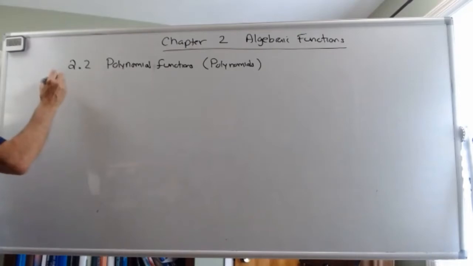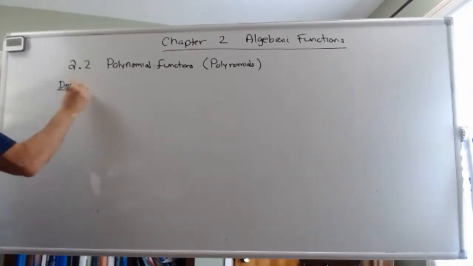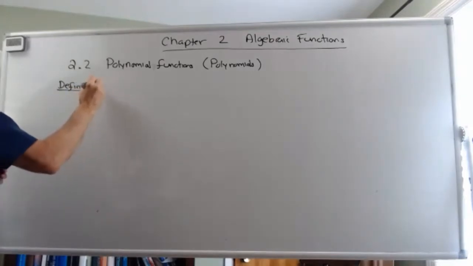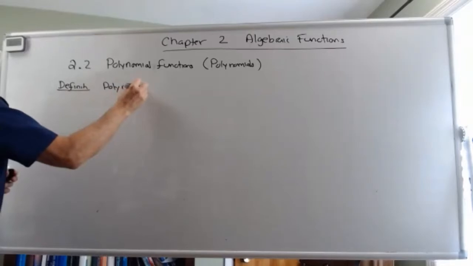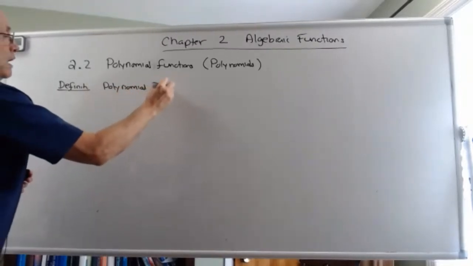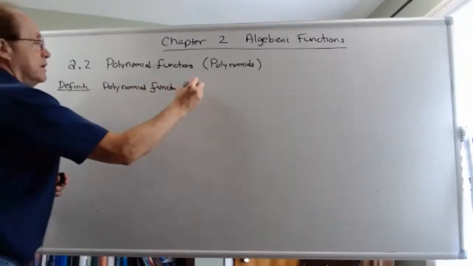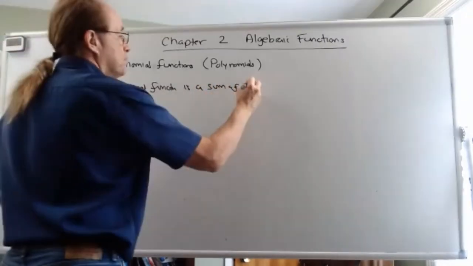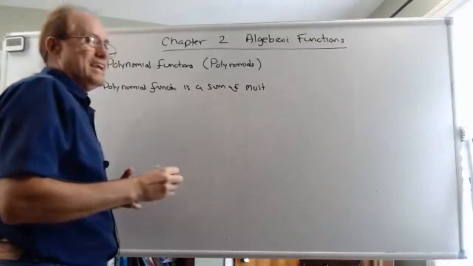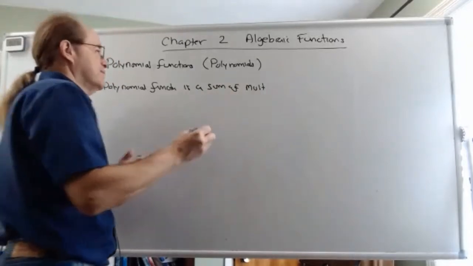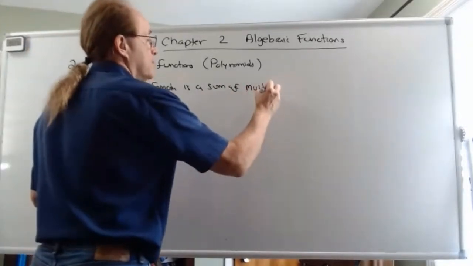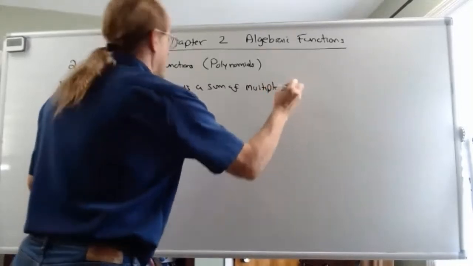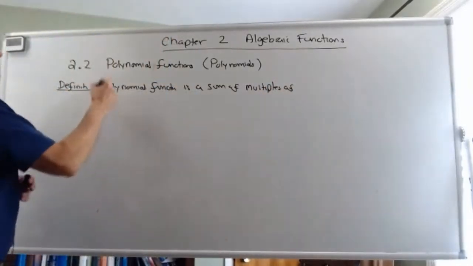So what is a polynomial? So here's our definition. A polynomial function is a sum of multiples, and the multiplication factor can be fractions, it can be integers, but it's multiples of the natural power function.